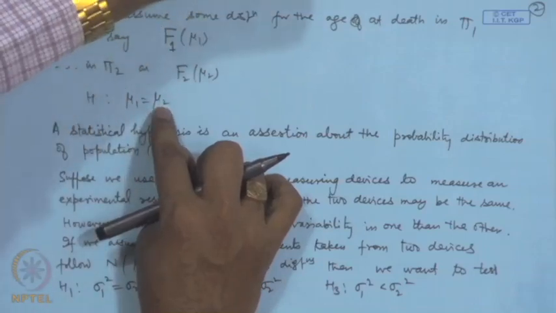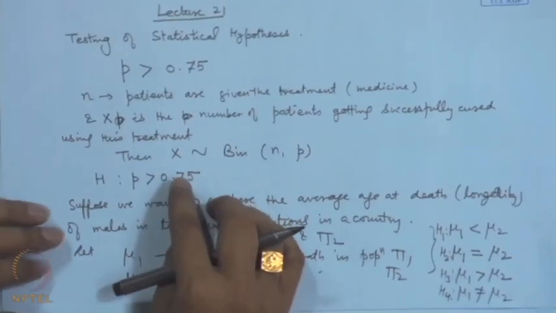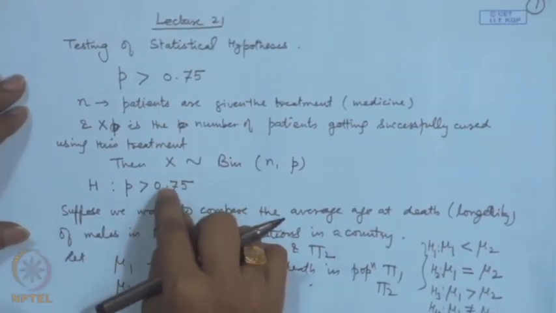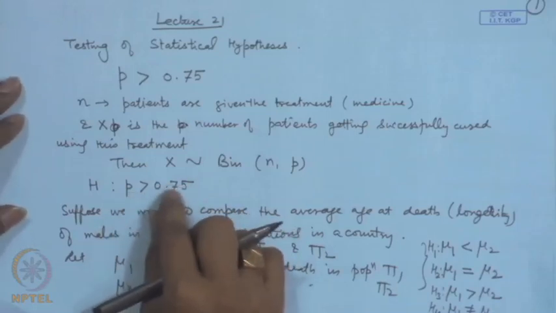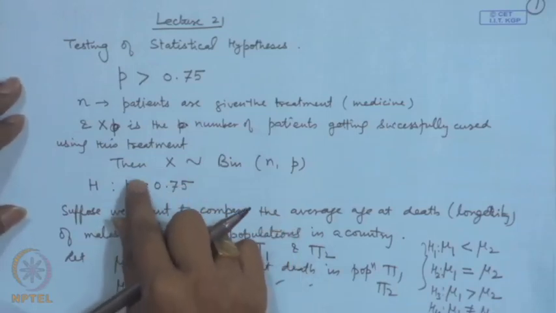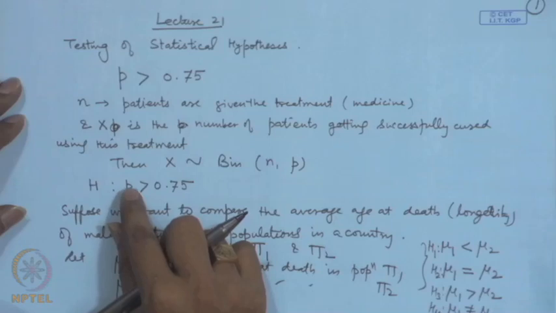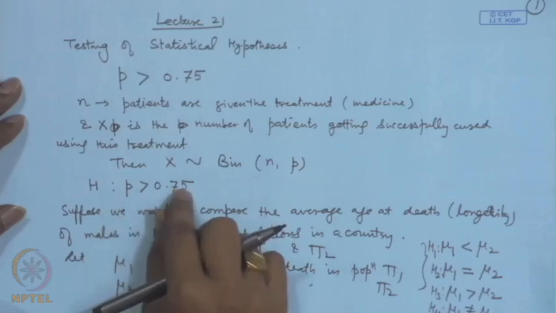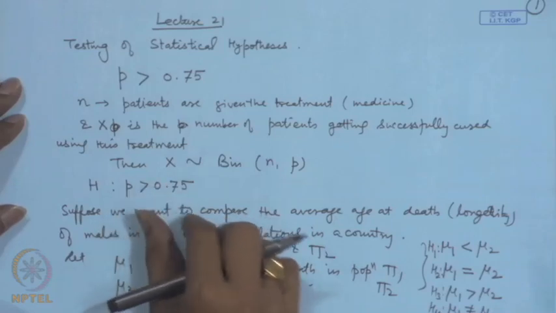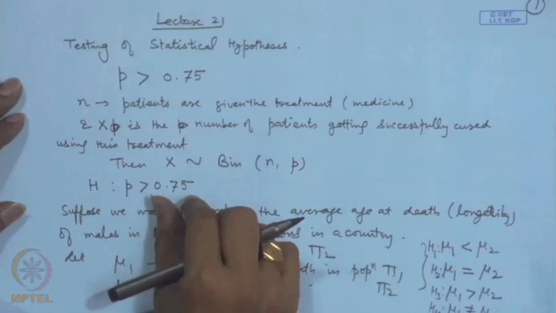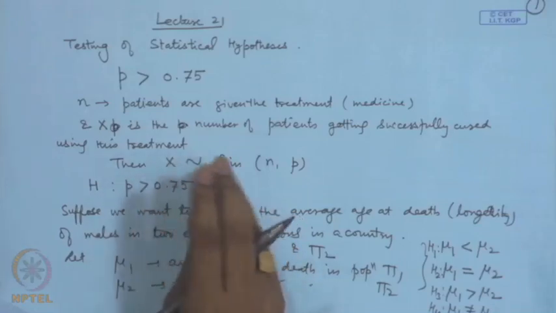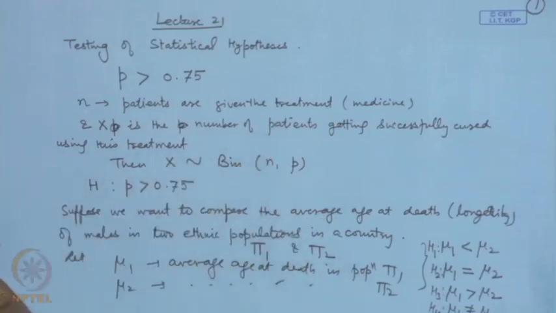Similarly, in the problem of introducing a new medicine in the market for curing a certain disease, we introduced the hypothesis whether p is greater than 0.75. Now, it may be possible that p is greater than 0.75, or it could be that p is less than or equal to 0.75, or we may say p is equal to 0.75, or p is equal to 0.95, or p is equal to 0.9.